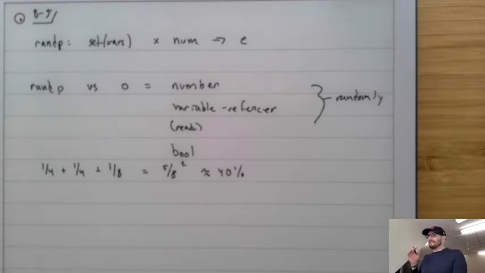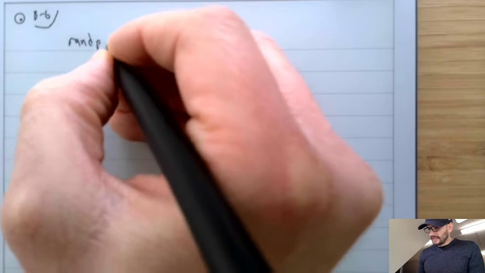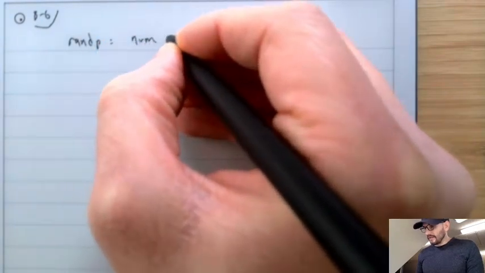So what that means is that we have to make our random program generator sensitive to what kind of type it's going to generate. And so we're going to structure it in the following way. randp is going to take a number and return an expression.